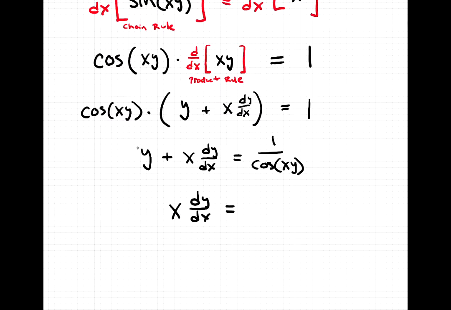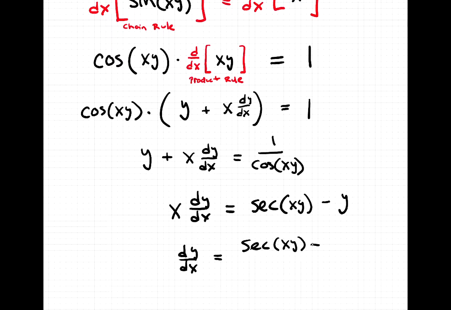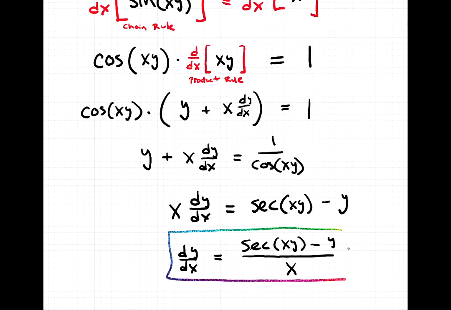We can subtract y from both sides to get rid of this y on the left. So we've got secant of xy minus y. And finally, divide both sides by x, so we'll have dy over dx is equal to the secant of xy minus y, all divided by x. Okay, and so that does it for that example.